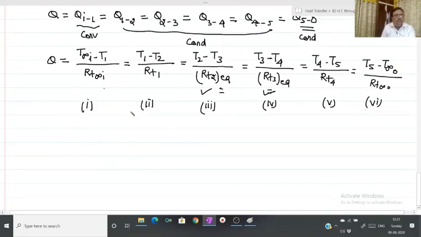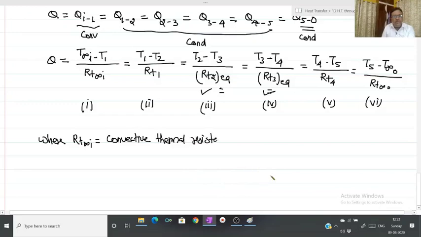Now in this equation, RT infinity I is nothing but the convective thermal resistance of the hot fluid.